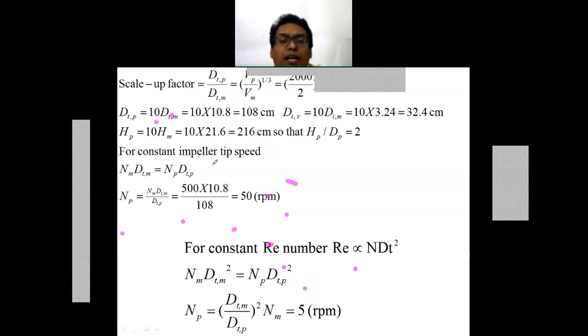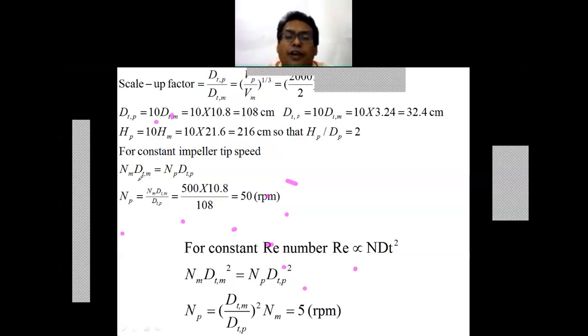Then for constant impeller tip speed, you will require the speed of the model multiplied by the tank diameter of the model, which is equal to Np, the corresponding actual speed, so Np into Dtp. Np is equal to Nm into Dtm upon Dtp, which is 500 into 10.8 upon 108.